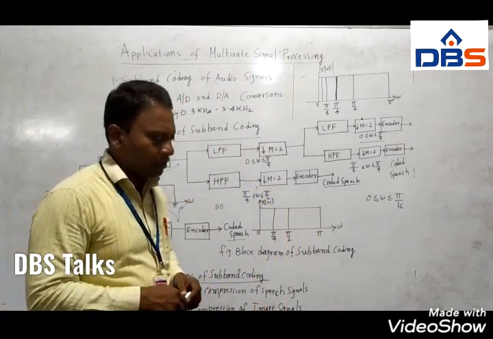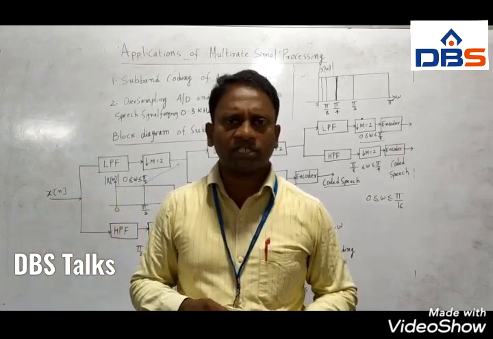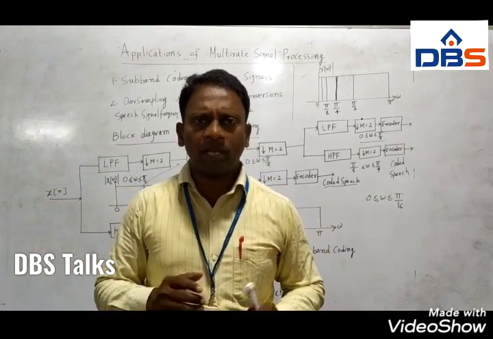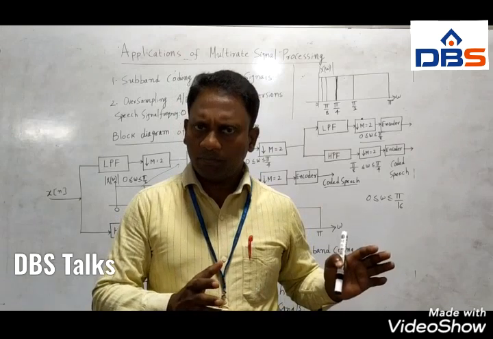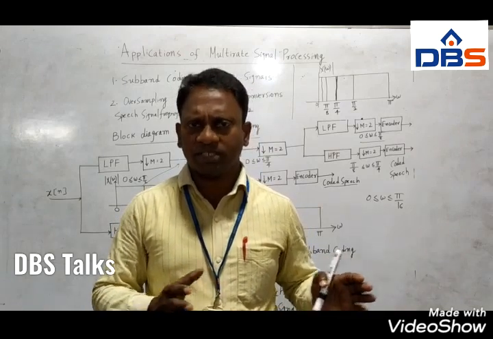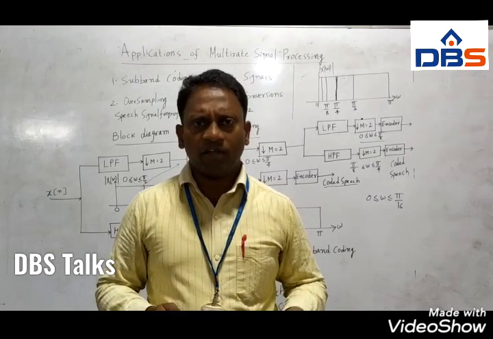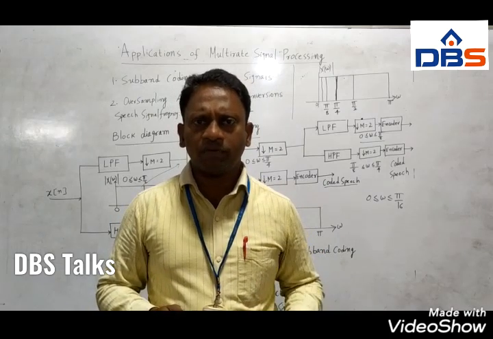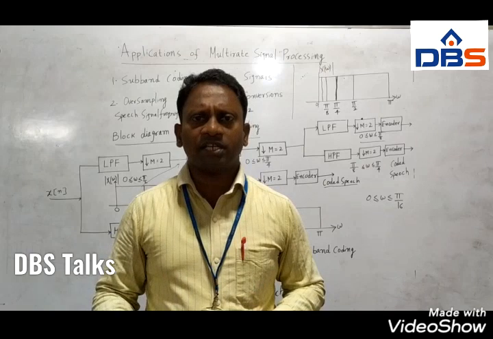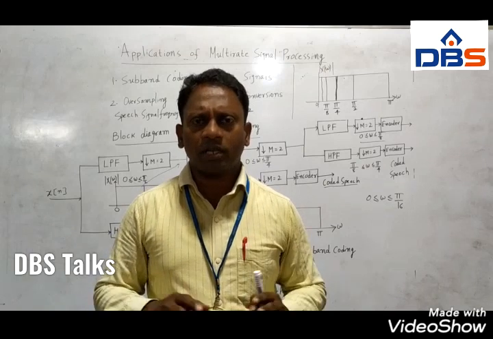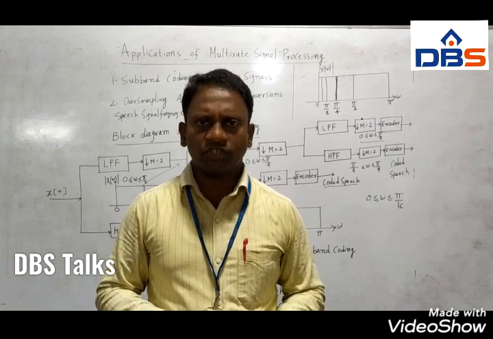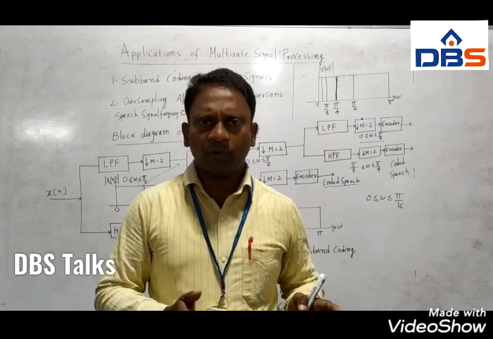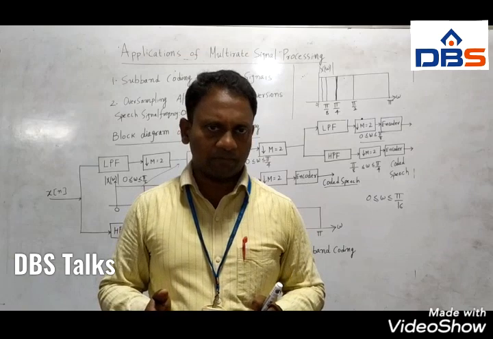The definition of subband coding is nothing but coding the speech signal with a higher number of bits at low frequencies and a lower number of bits at high frequencies, and these two are not overlapping. Subband coding means coding differently at different frequency bands.